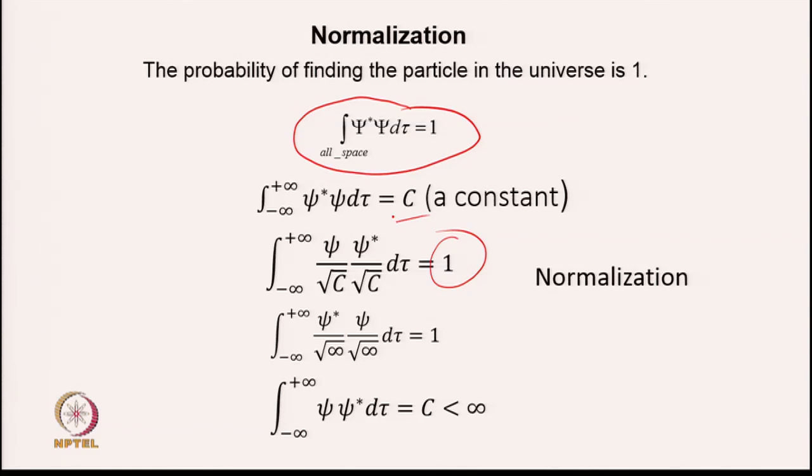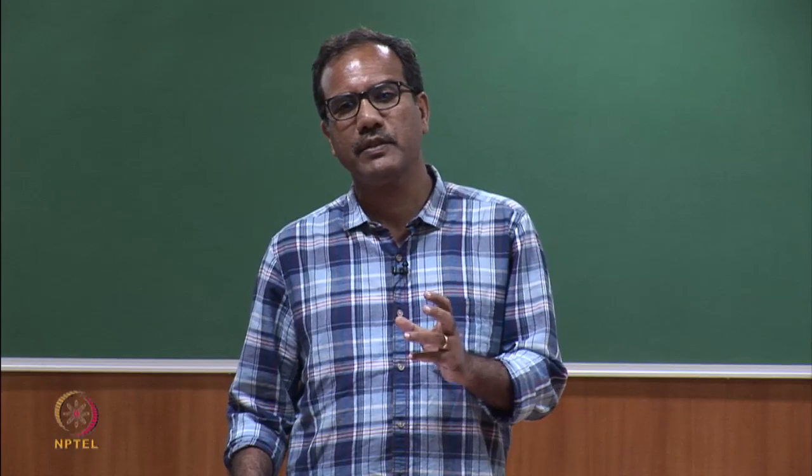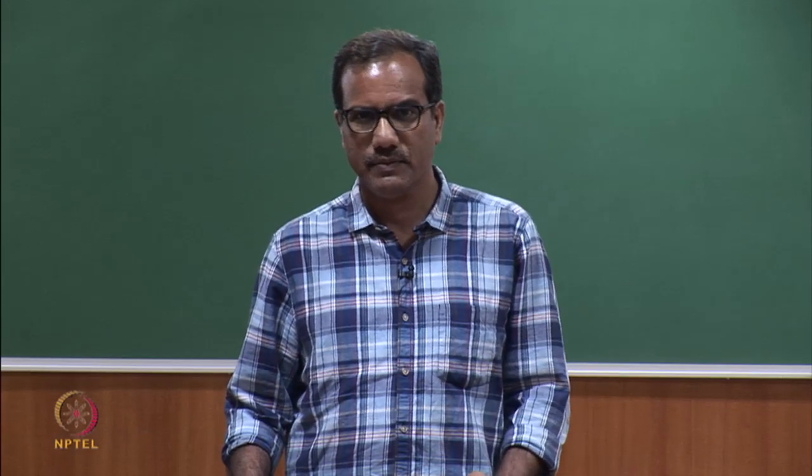If you multiply the normalized wave function, psi by root c, with psi star divided by root c, and integrate over the volume element from minus infinity to plus infinity, it will come out to be 1. So whatever wave function you get, you have to normalize it.